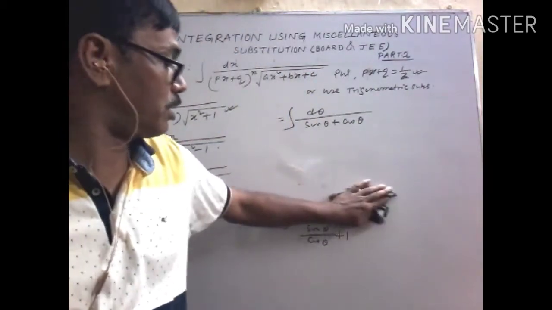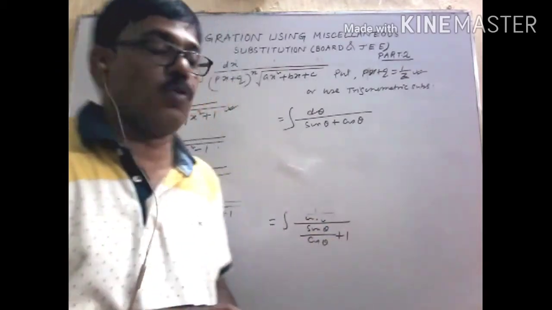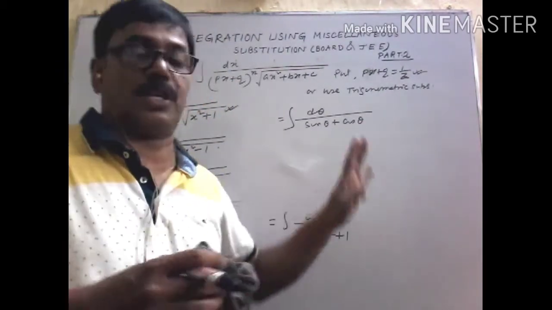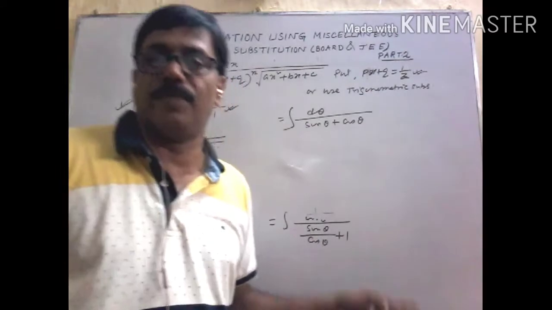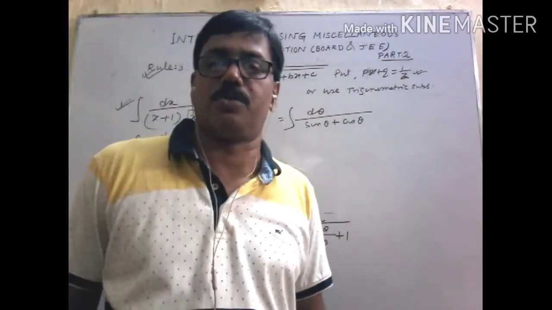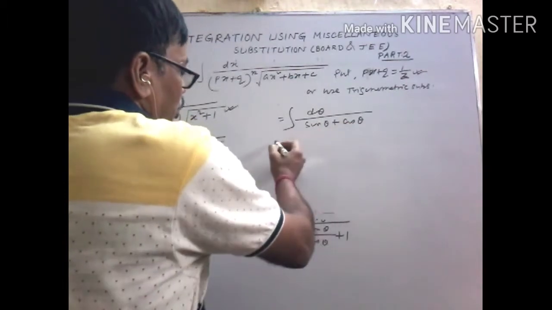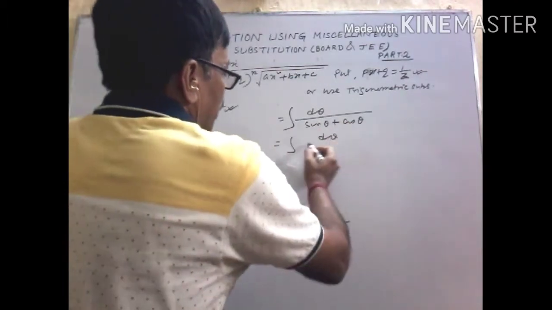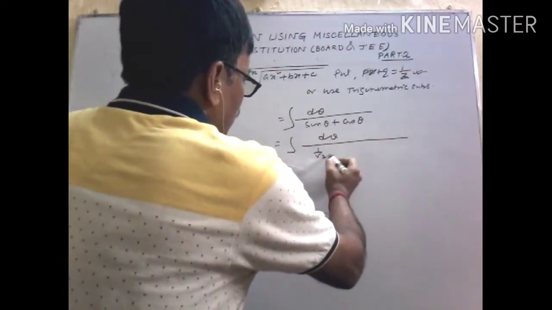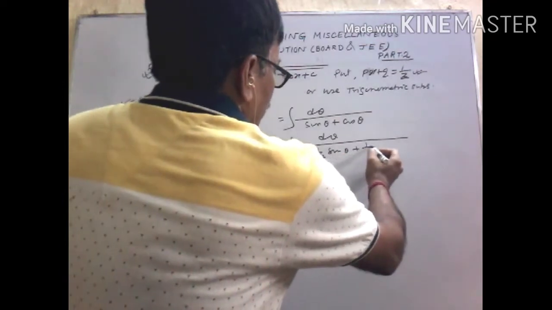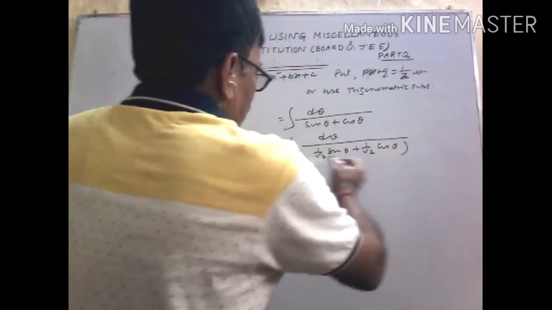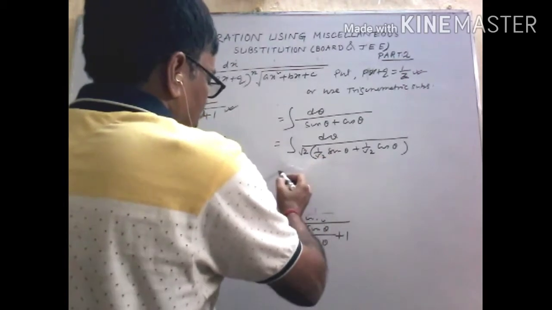Now what is the rule for this integration? We can replace sin theta and cos theta in terms of tan theta by 2, then put tan theta by 2 equals z. Or since it is a particular case, if you divide by root 2, we get 1 by root 2 sin theta plus 1 by root 2 cos theta, so this is balanced by this.